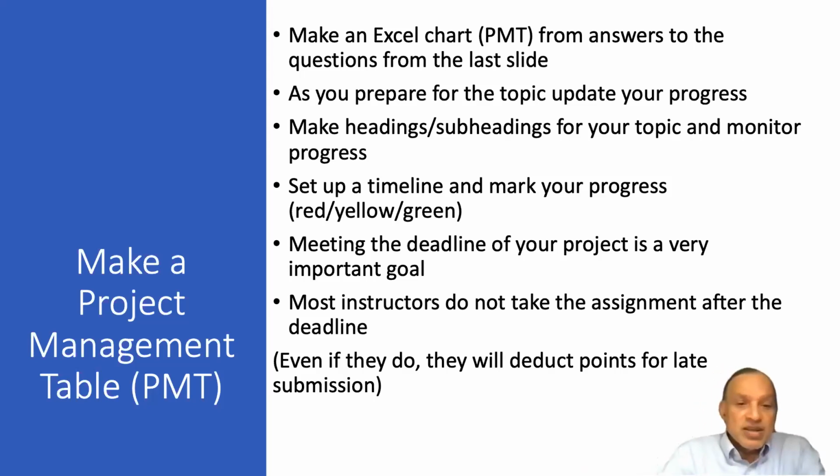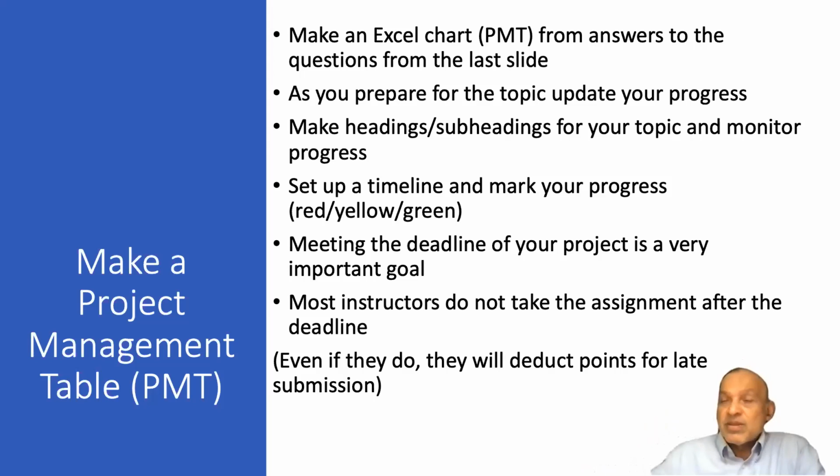So making the project management table is the third step now. First, literature search: collect references, read through, write abstracts, collect them together, understand what they're about, figure out what you don't understand yet, and what you need to read, what you need to search for. Then do audience analysis, and your own self-analysis.